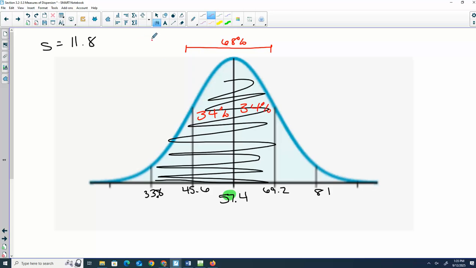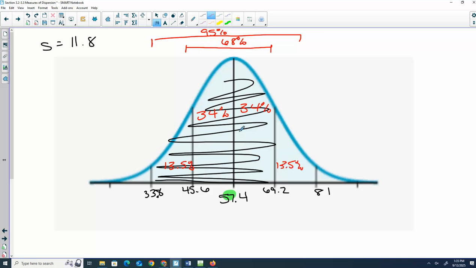In the next chunk, how much do we have? 95. So if you wanted to think about that, 95 minus 68 is 27% between these two rectangles on the sides, right? So if I divide that by 2, each of these would be 13.5% of our data.